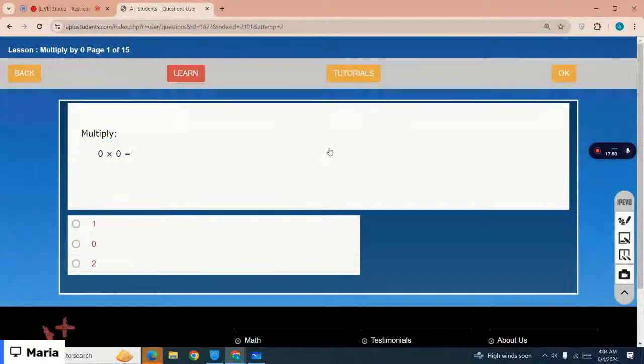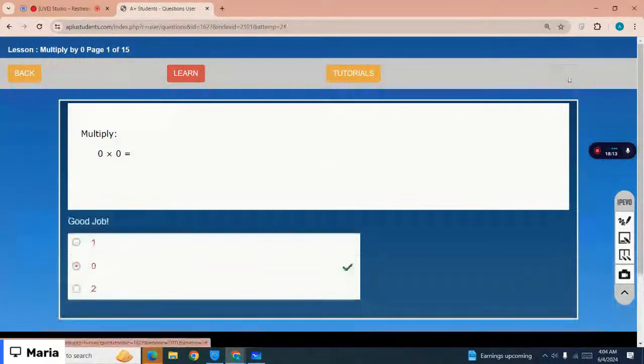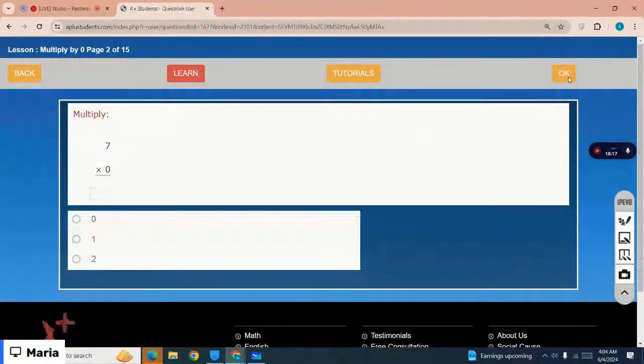0 times 0, which is the correct option? The correct option is 0, right? So 0 times 0 is 0. So whatever the number it is, when you multiply the number with a 0, that is always a 0, right?